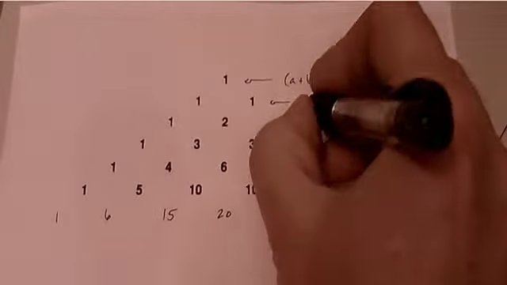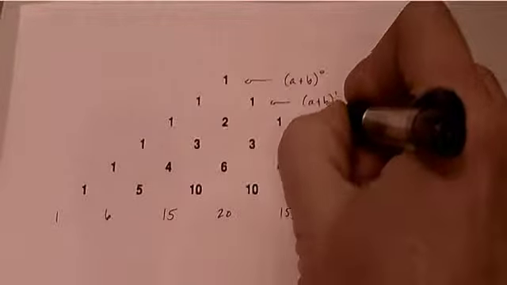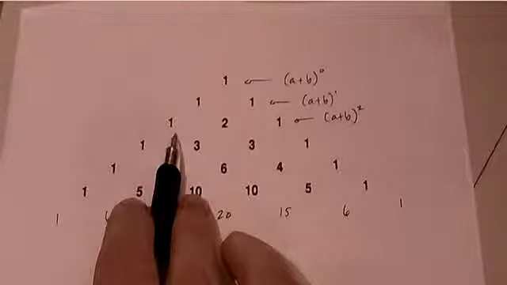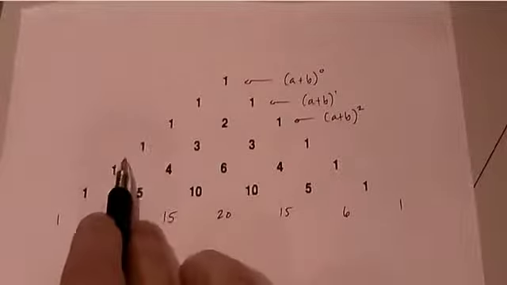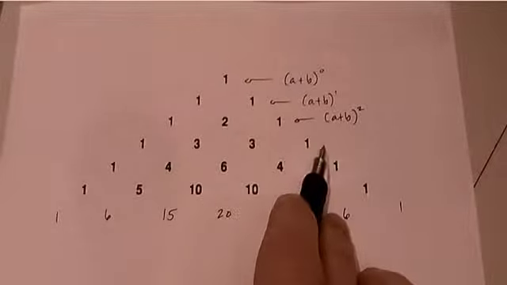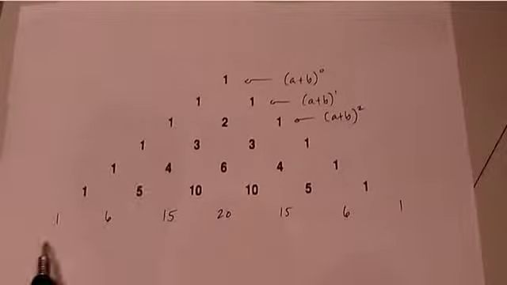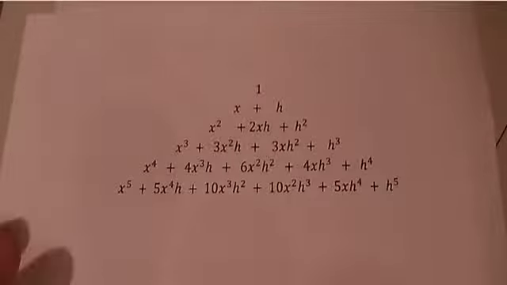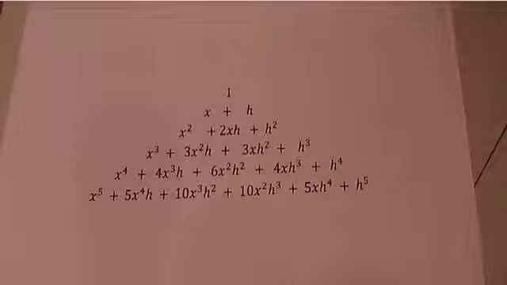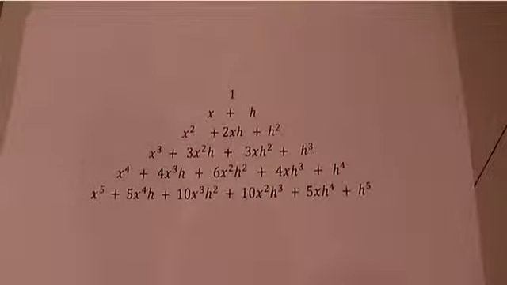Well, you ought to recognize just from all the times that you have seen a binomial squared. A binomial squared, when the coefficients are 1 and 1, is 1, 2, 1. And these are the coefficients of (a plus b) cubed, (a plus b) to the fourth, (a plus b) to the fifth, (a plus b) to the sixth. Now, all of that you should remember, okay? But what I want to do is I want to talk about it not in terms of a plus b, but x plus h, okay?